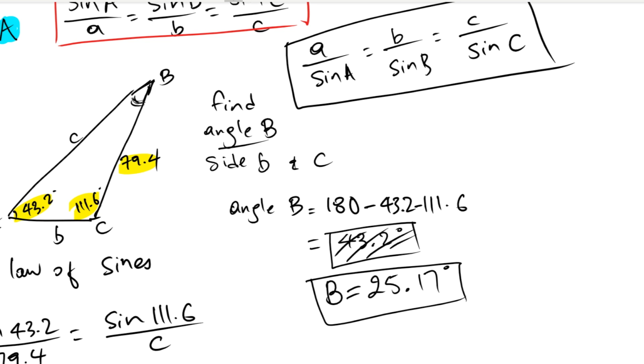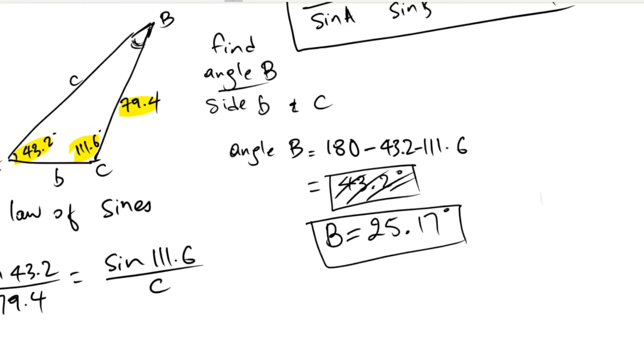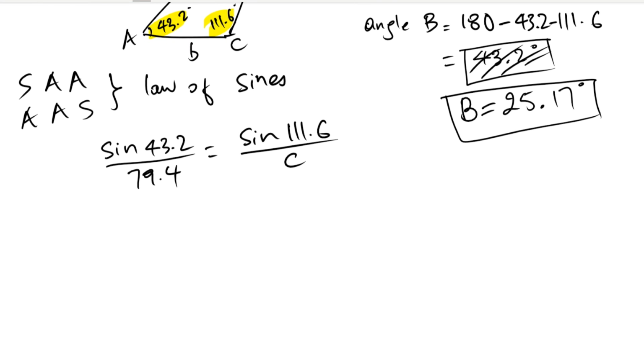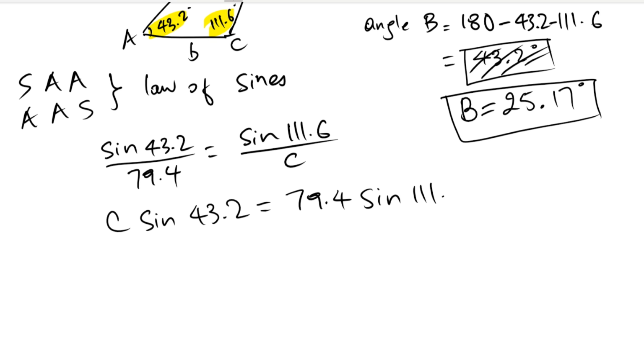Now, let's continue. I'm going to use the second formula, this one here, to find the other values. I want to do it two different ways so you can actually see. So C sine of 43.2 is equal to 79.4 sine of 111.6.